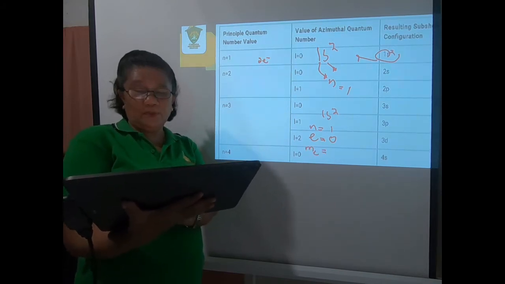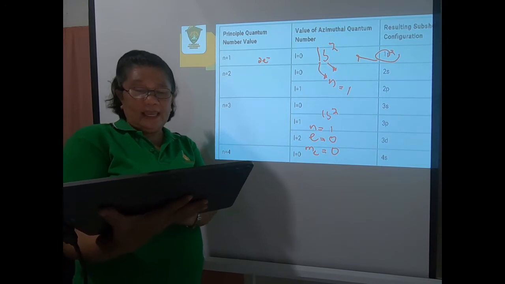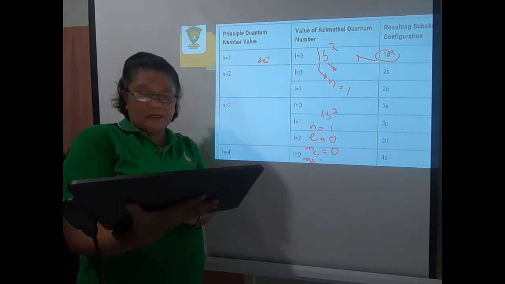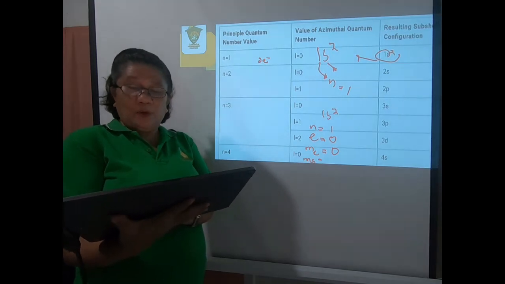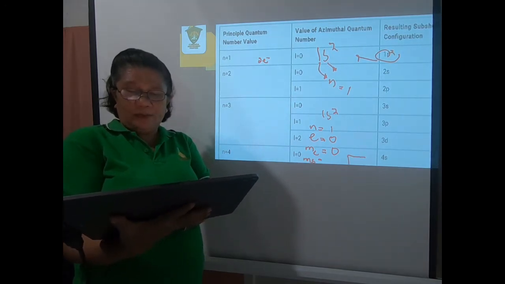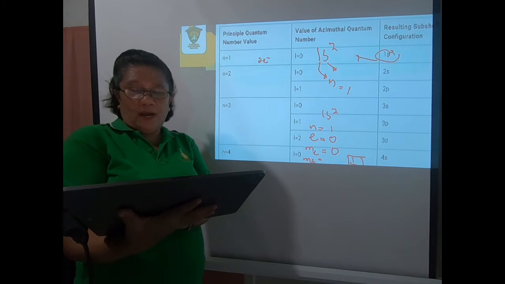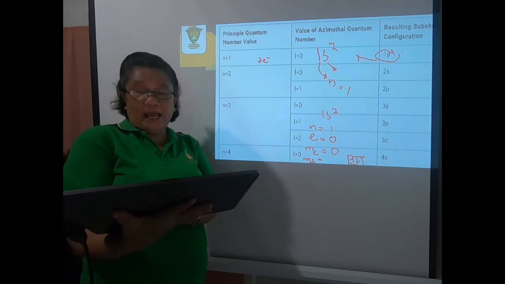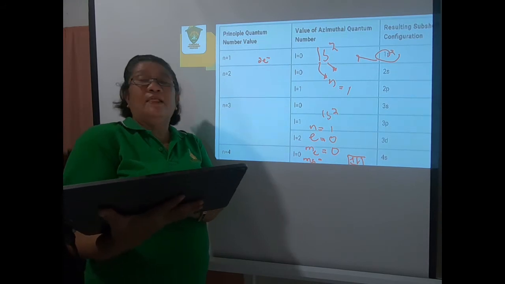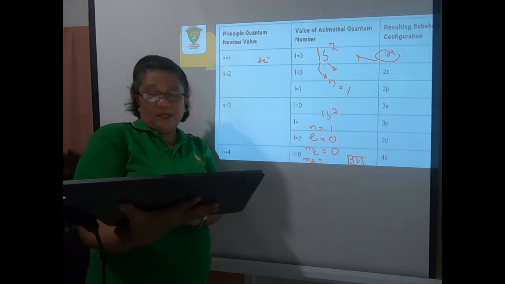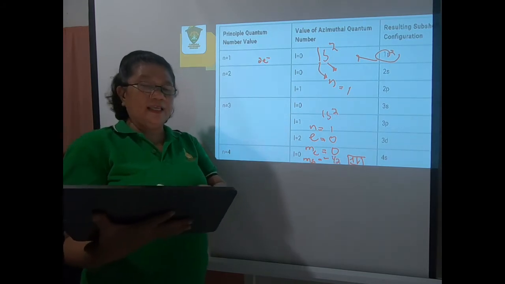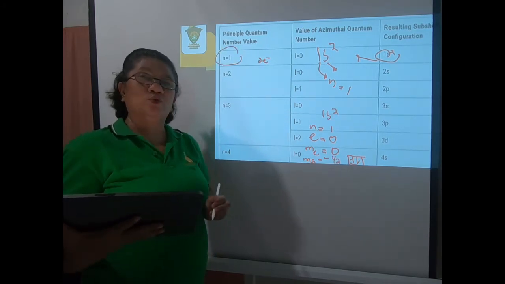That will also be equal to 0. And what will be the value of your m sub s? That orbital has 1 electron, 2 electrons. Therefore, up is positive 1/2, down is negative 1/2. Your value here will be negative 1/2. That is for n is equal to 1.